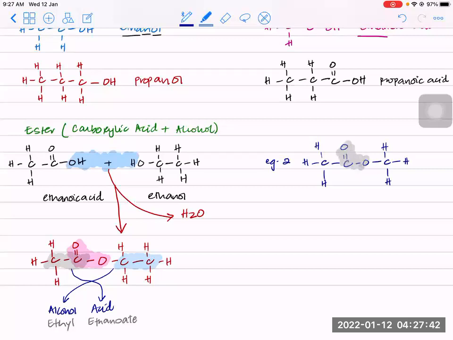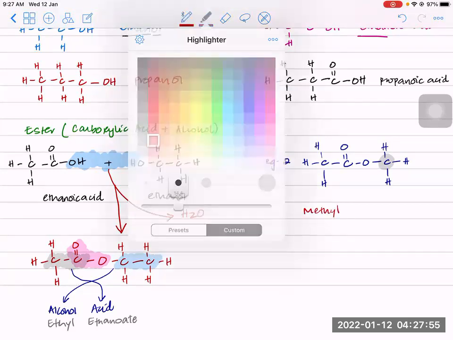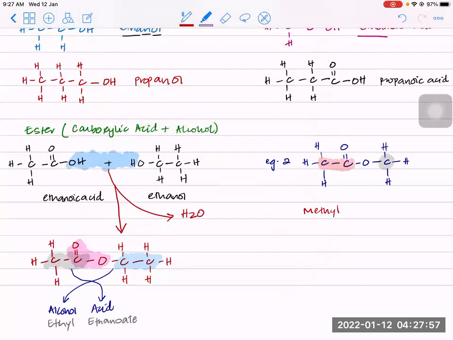So this is your ester linkage. I told you everything after the C single bond O comes from the alcohol and is written first. So you have 1 carbon. So we will call this methyl. And then right here, you have 2 carbons. So this is a 2-carbon acid. So this would be ethanoate. So this becomes methyl ethanoate.